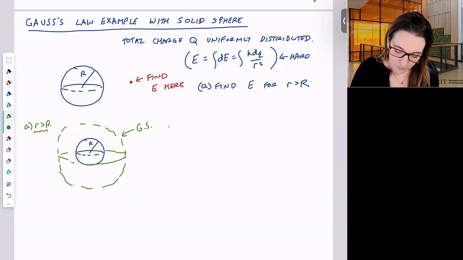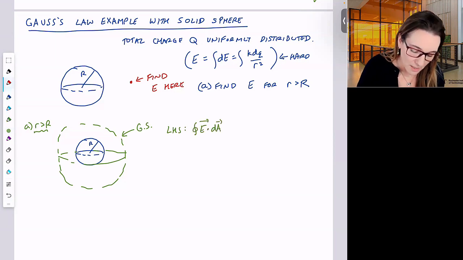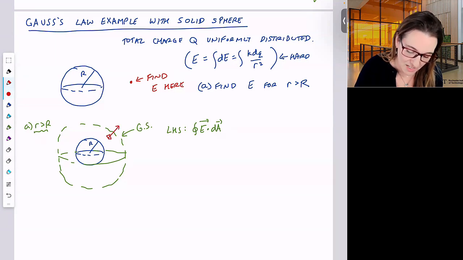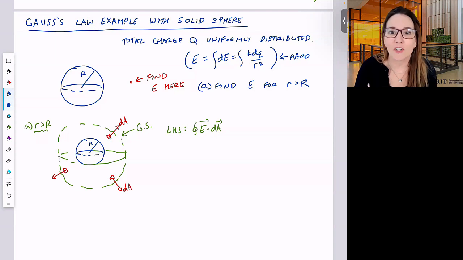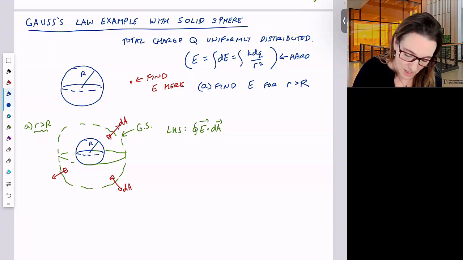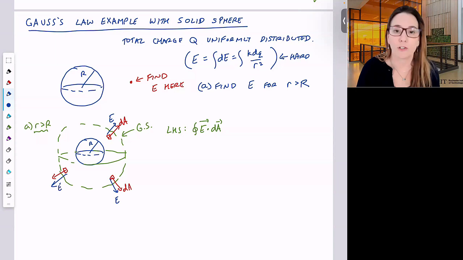The left-hand side of Gauss's law, E dot dA, well, again, if I picture each little dA of my surface and the electric field from each one, I still have spherical symmetry because I'm putting my Gaussian surface with this other sphere at the center. There's no reason that each part of my surface wouldn't experience the same electric field.